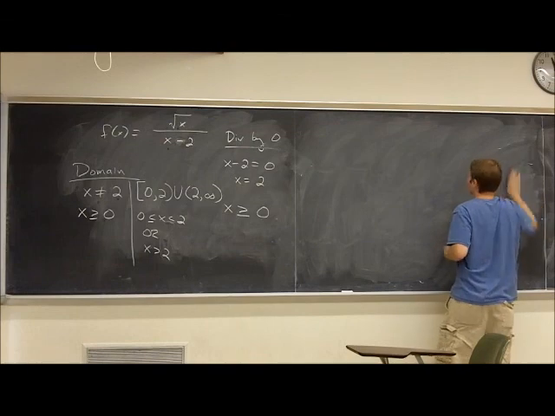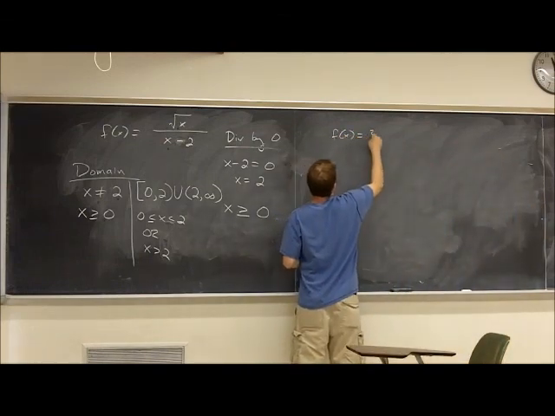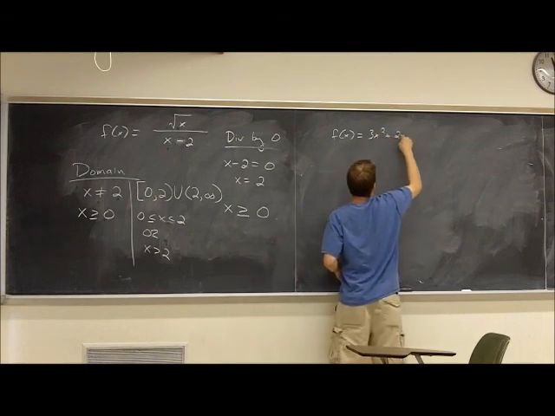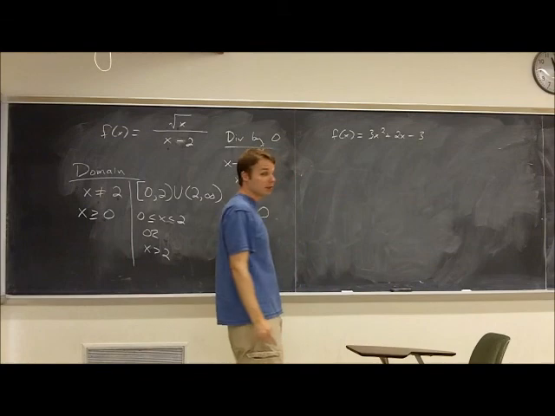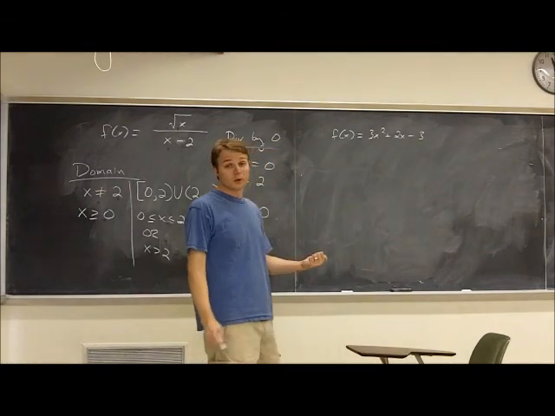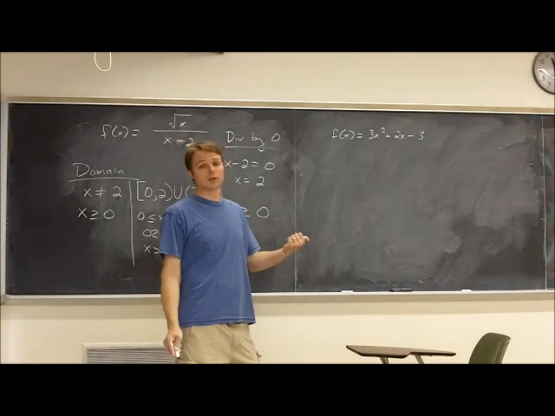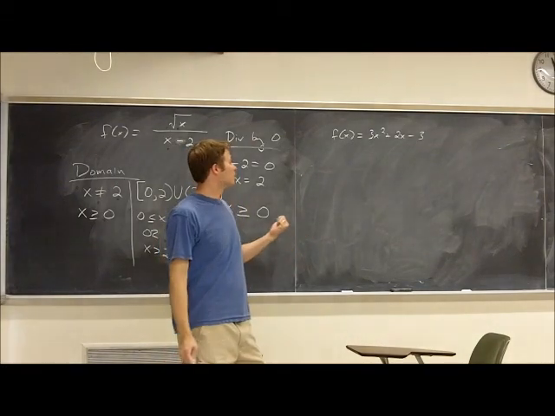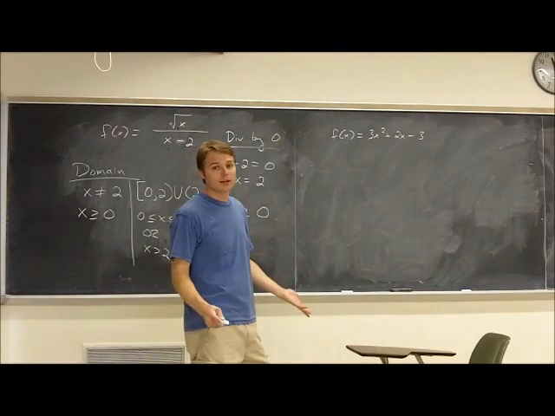Now it should be noted that something like this, if you think about the domain for this function, 3x squared plus 2x minus 3, there's no division in it, so there's no chance of having division by 0. There's also no square roots, so you can't take the square root of a negative number.